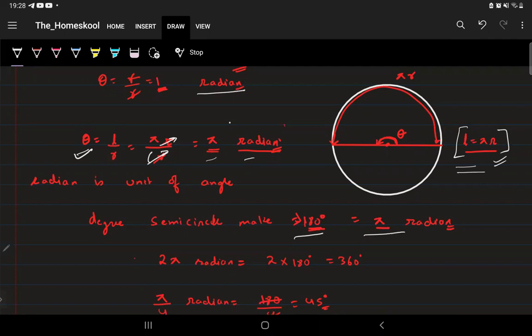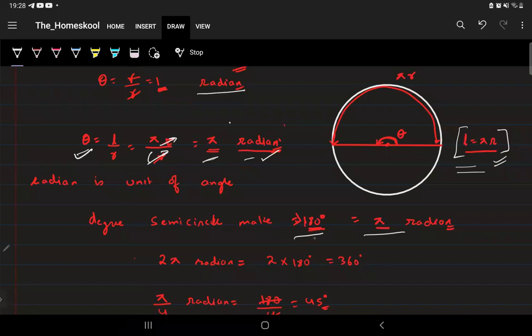So I can say pi is the value of the angle in what? Radian. In degree, it is 180 degree.